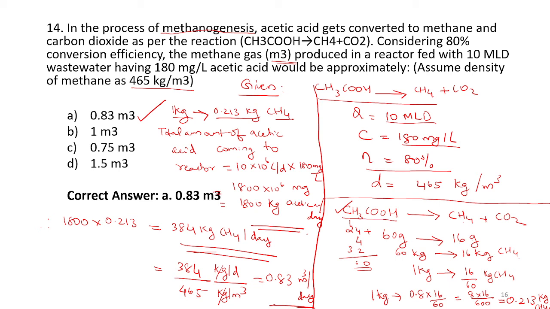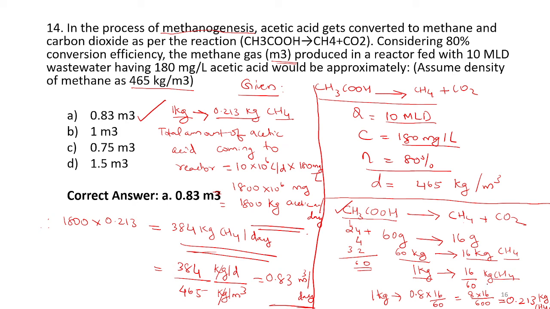Therefore, converting both sides, LHS and RHS, into kilogram, 60 kg is getting converted to 16 kg. Is it clear? Yes, madam. So, therefore, 1 kg of acetic acid will be converted to 16 by 60 kg of methane. Am I right? Yes, madam.